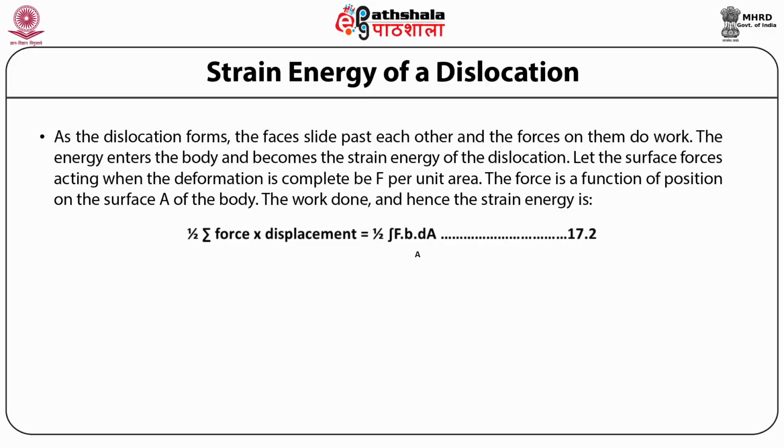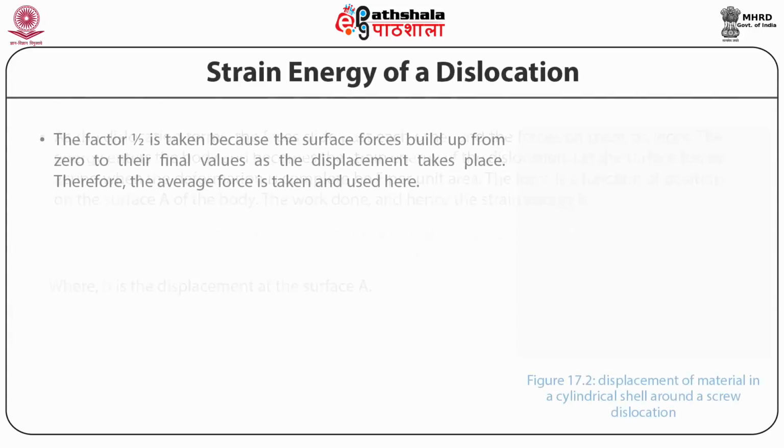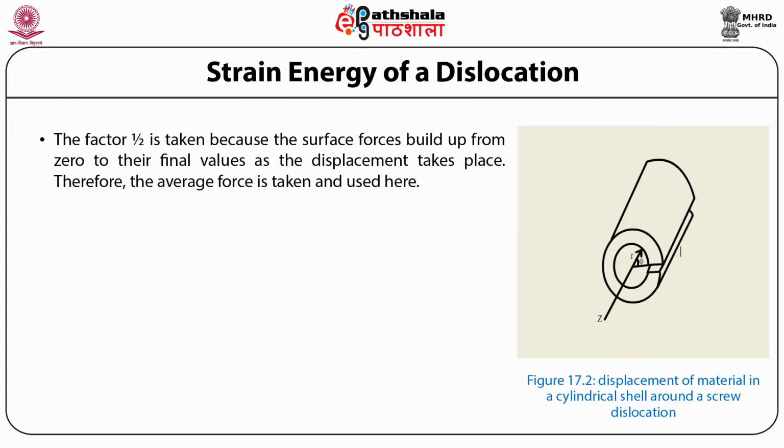This will be put as equation 17.2, where b is the displacement at the surface A. The factor one half is taken because the surface forces build up from zero to their final values as the displacement takes place. Therefore, the average force is taken and used here.